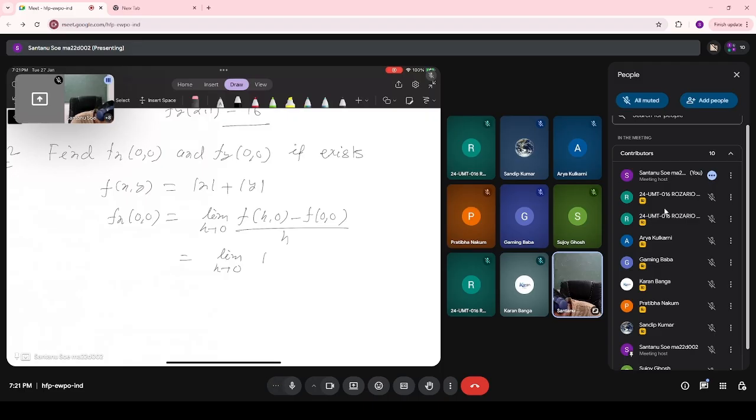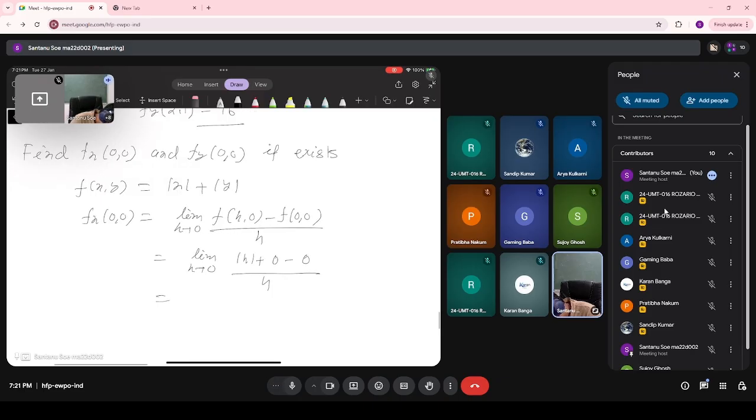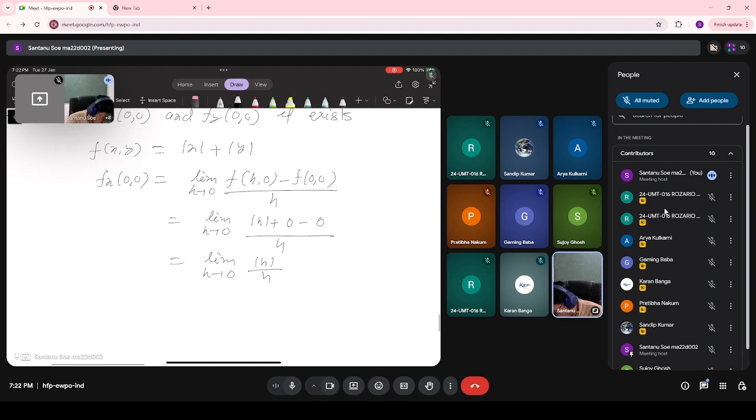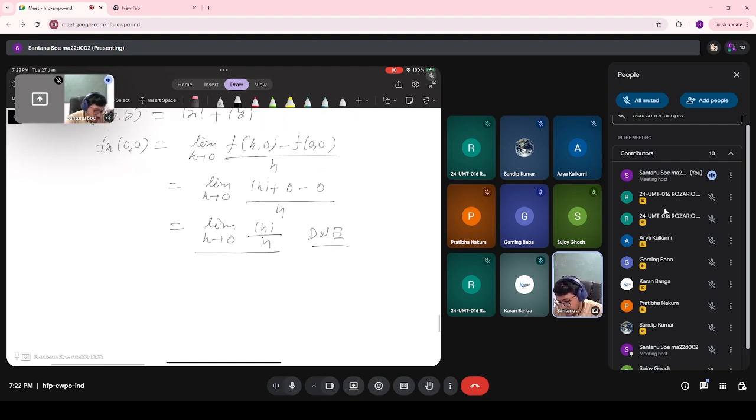This will be modulus of h plus 0 minus 0 divided by h. So this will be limit h tends to 0 of mod h divided by h. Now you can see that this limit does not exist. Why does this limit not exist? Let me explain.